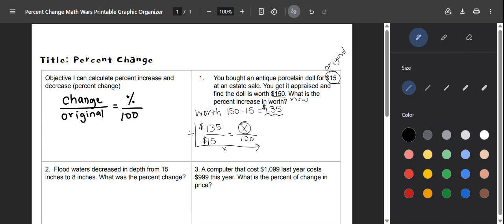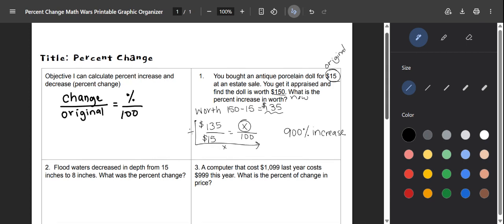Remember that our variable does not get included in the L, and we start at one end of the L and work our way around. We do not start at the corner. So I'm going to punch into my calculator 135 divided by 15 and then multiply by 100. And when we do that, we get 900%. So we could say there was a 900% increase in the doll's worth.